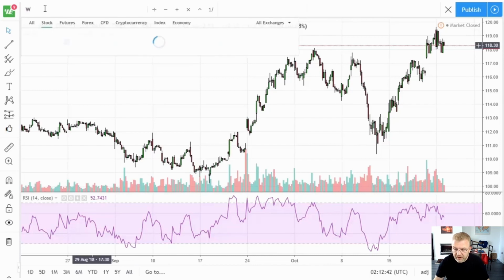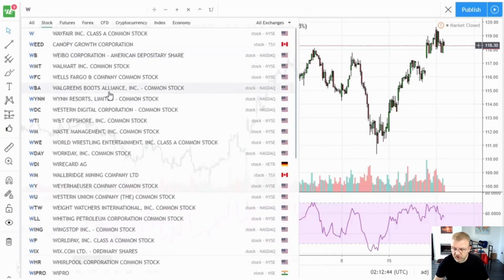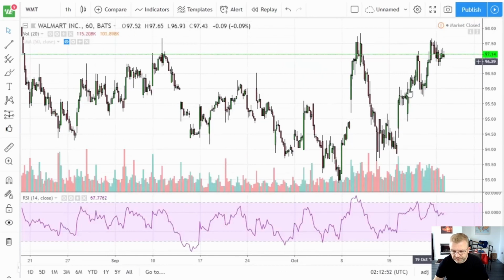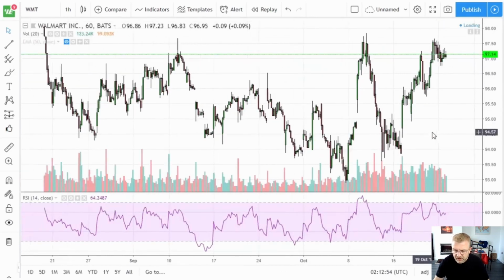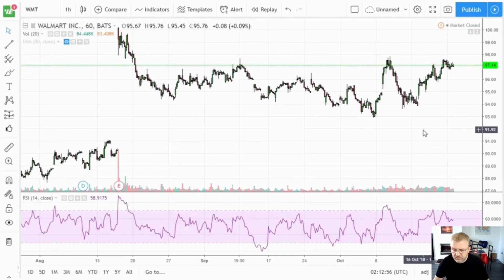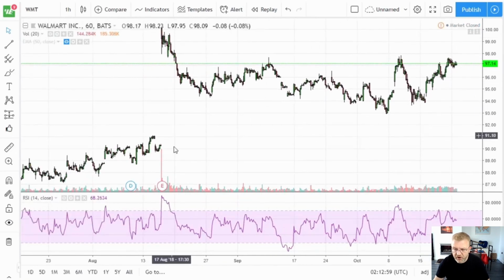Okay. Now let's go ahead and switch over to another stock here. Let's try Walmart. Okay. You can see that, interestingly enough, Walmart gaps right here on earnings, and we went immediately into overbought, and that's extremely overbought. We fell right away, the fall all the way to at least here before bouncing back.